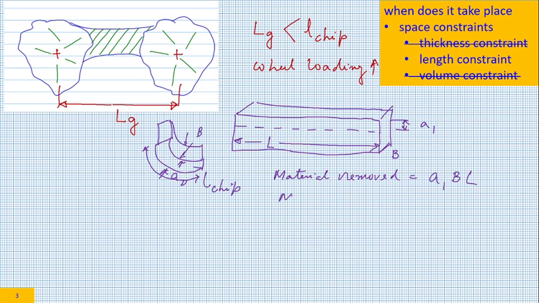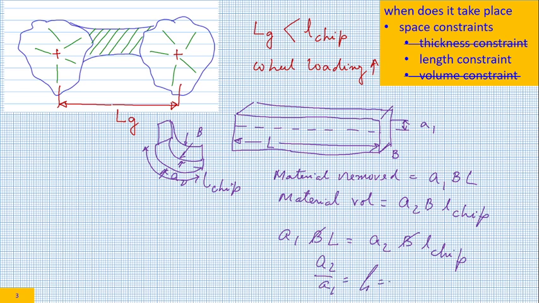So that material volume would not be different. That would be A2 into B into L chip. So we can equate them. A1 into B into L equal to A2 into B into L chip. So these two will cancel out. Your A2 by A1, which is zeta, would be equal to L divided by L chip.